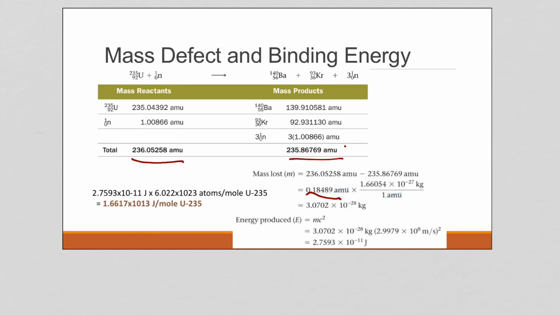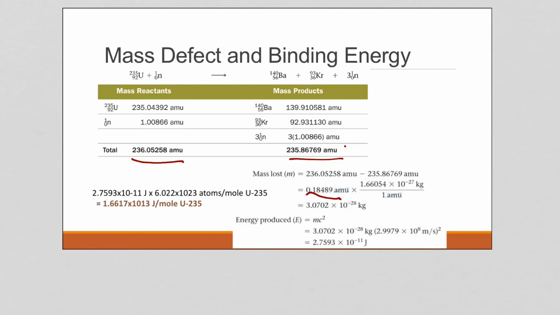But if we take that mass and we convert it into kilos, there's 1.66 times 10 to the negative 27 kilograms per AMU. So the mass loss in kilograms represents about 3 times 10 to the negative 28 kilograms.